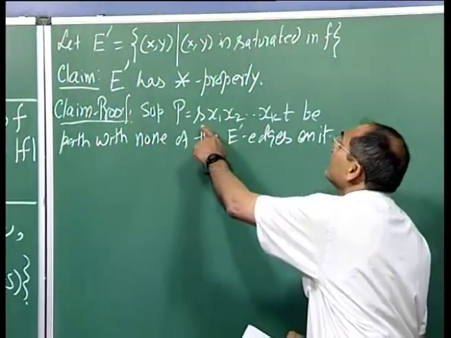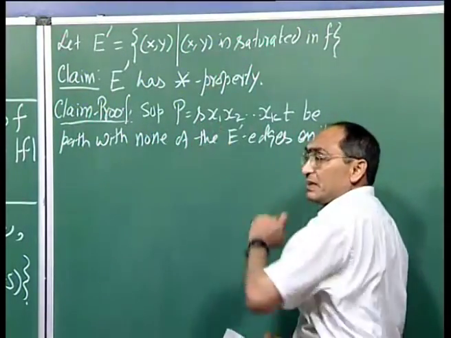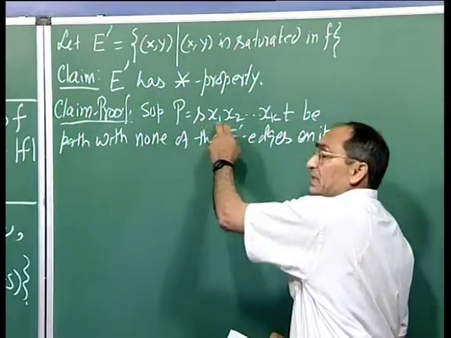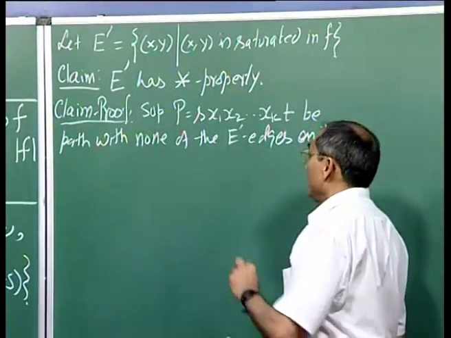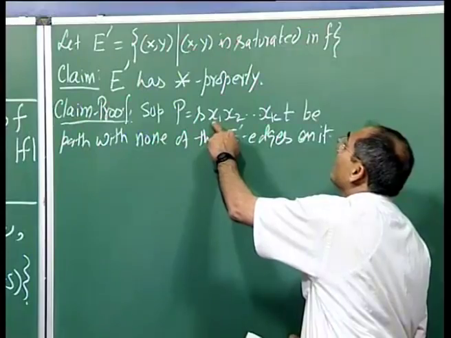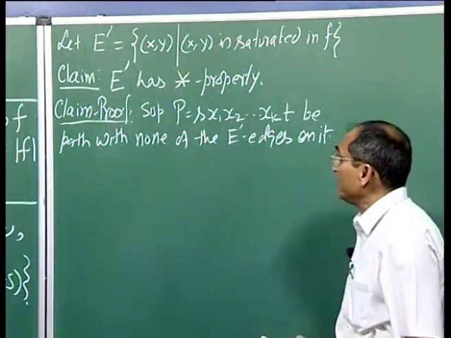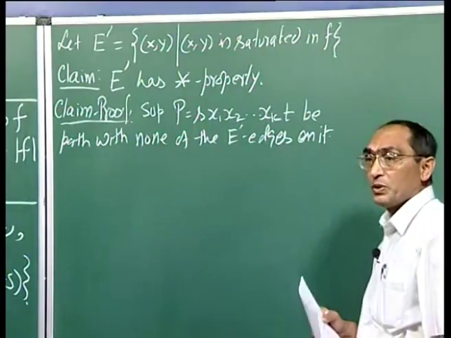In that case, edge S x1 must have flow strictly less than the capacity of S x1. Similarly, the flow on x1, x2 must be strictly less than the capacity of x1, x2, and so on.